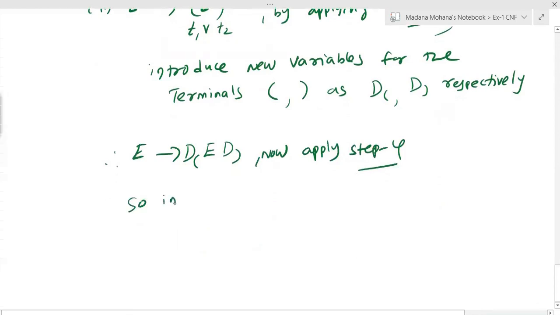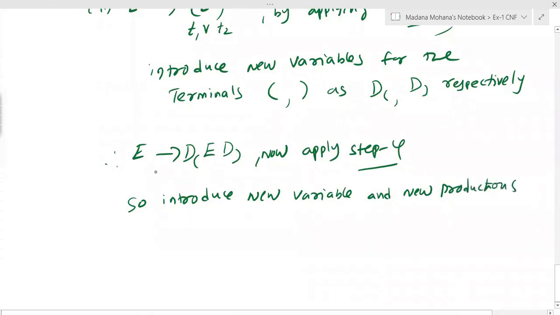Before that, here you can see D left brace derives left brace, then D right brace derives right brace. So these two again are in CNF.